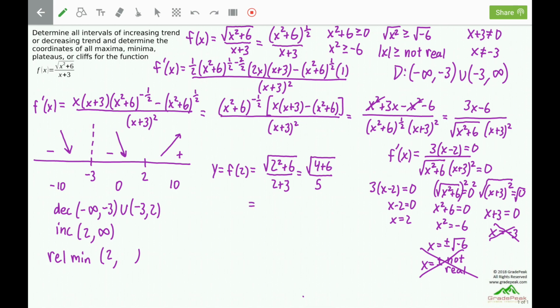So this is going to equal the square root of 4 plus 6, which is a 10, over 5. So it has a y-coordinate of the square root of 10 divided by 5. So we have 2 decreasing intervals, 1 increasing interval, and a relative min at the coordinates of 2, square root of 10 over 5.